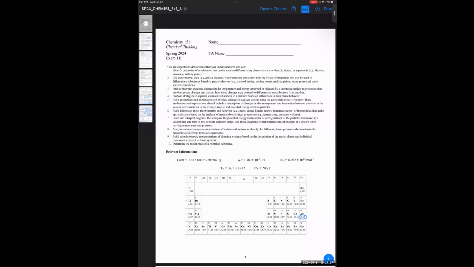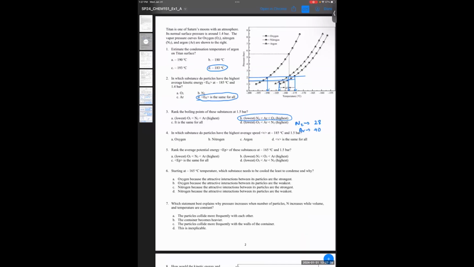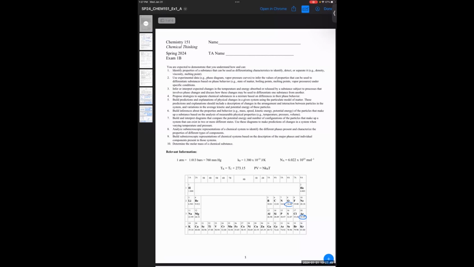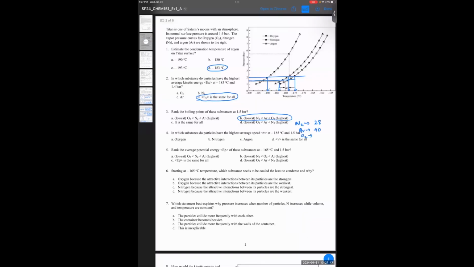It's closer to 40. And when it comes to oxygen, the relative atomic mass of oxygen is 16. You have 2 of them. Therefore, it should be 32. So nitrogen is the lightest particle out of all of these. Therefore, it should be moving the fastest, with the highest average speed. Therefore, the correct option is option B.